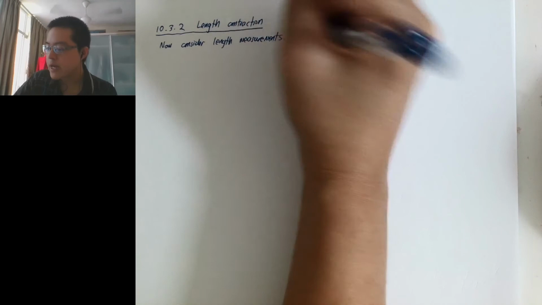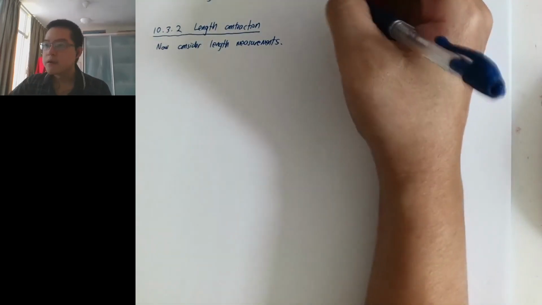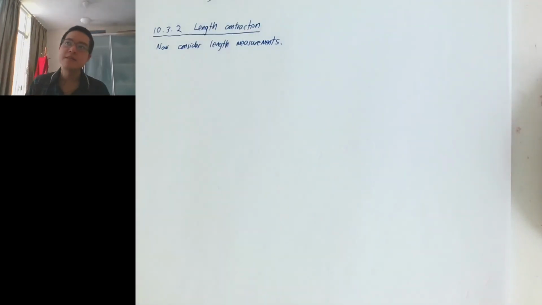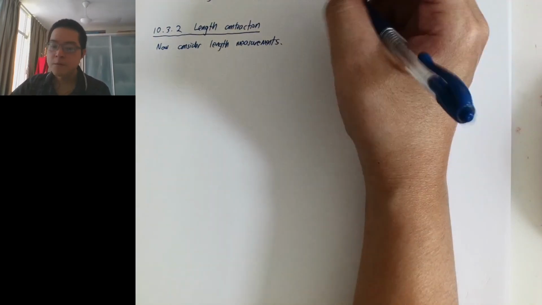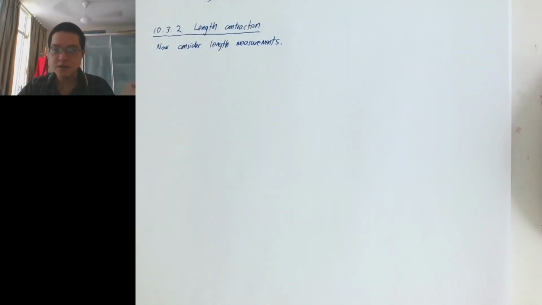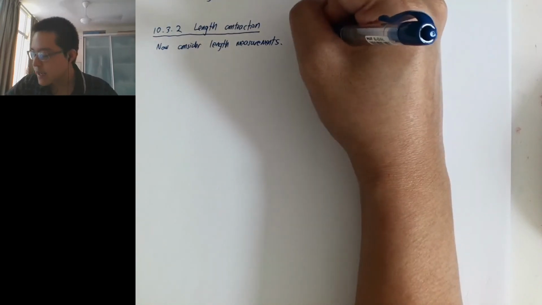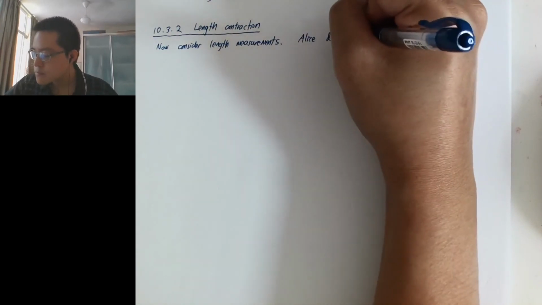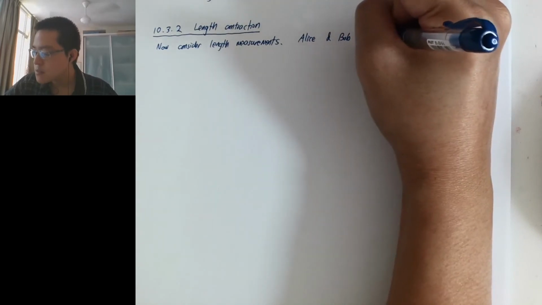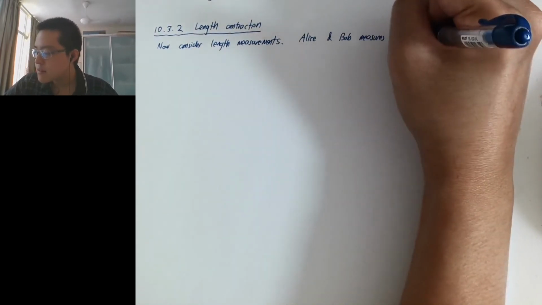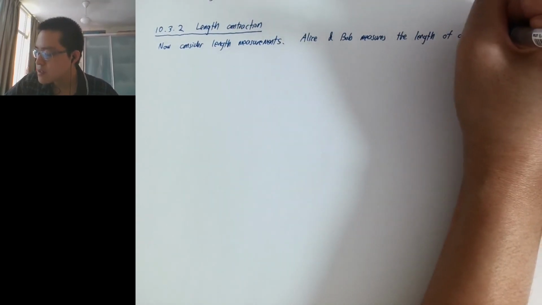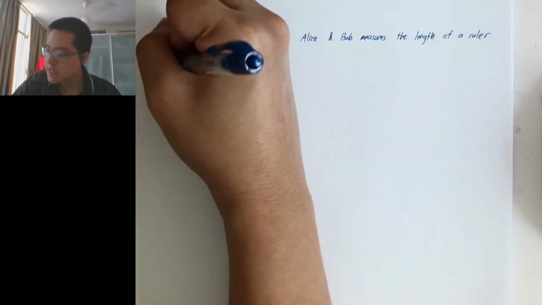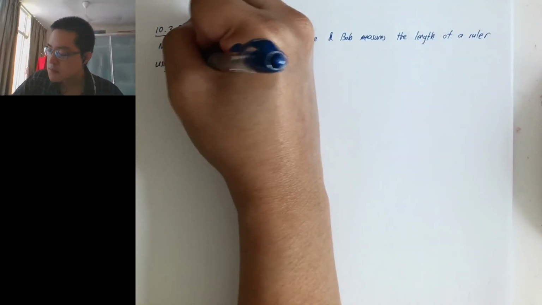So we come up with another thought experiment. Instead of measuring a time interval for a laser, we now measure the distance traveled by a laser. And using this distance, we measure a certain rod. So let's say Alice and Bob measure the length of a rod, or let's call this a ruler, using a laser.